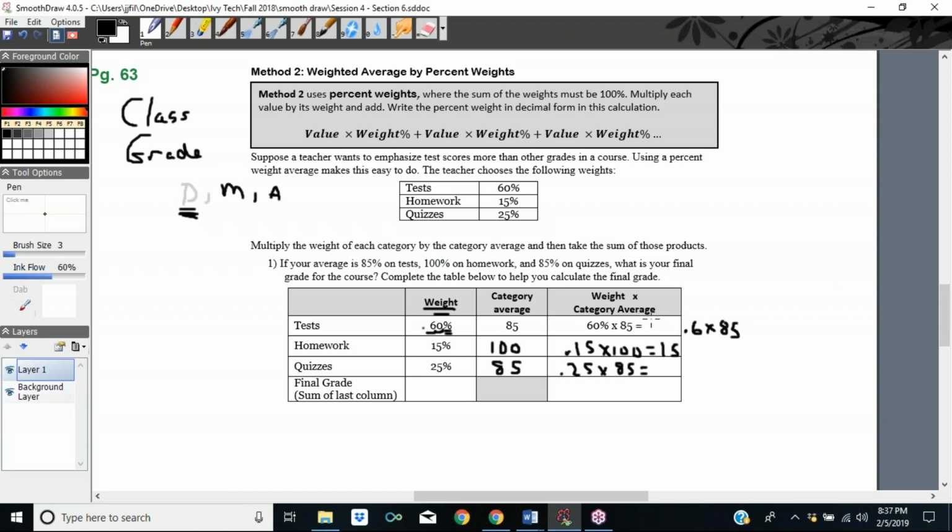It looks like this is 51 and 15 and 21.25. So we divided by moving the decimal, then we multiplied. Now we're going to add our answers together. So we have 51 plus 15 plus 21.25 is 87.25%.